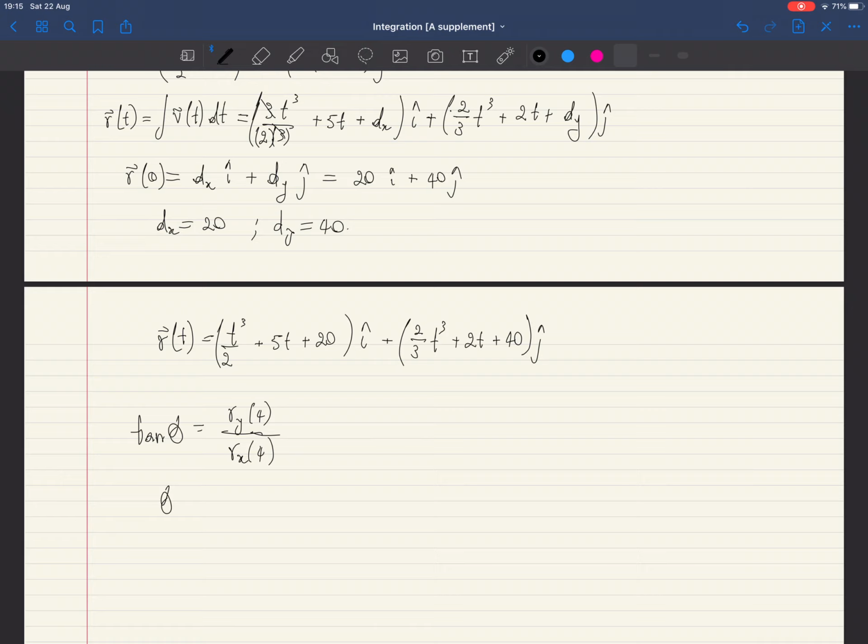And then you could find the arctan of that. You should be able to find both the vector itself and its magnitude over here. So this is going to be ry, rx again at 4 seconds. This is not for any general time, but at a specific instant.